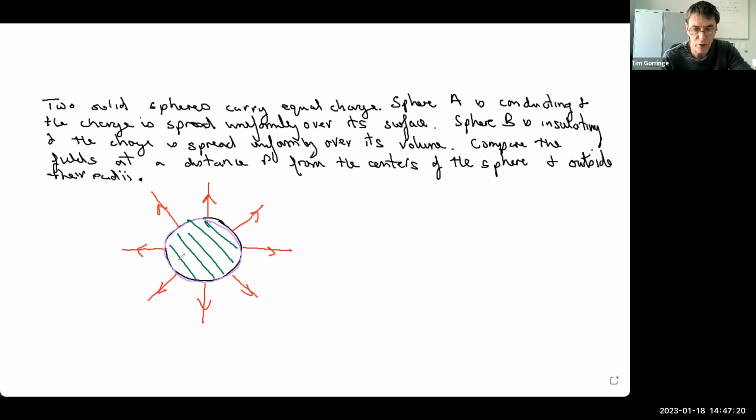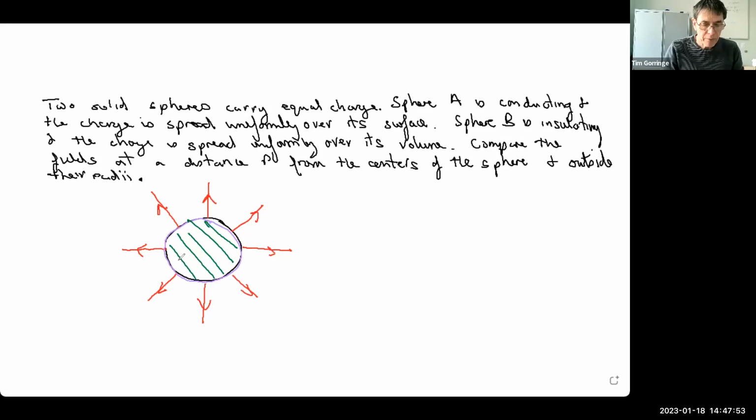But the end result outside the sphere is still a spherically symmetric electrical field because both of the charge distributions are spherically symmetric. We can take advantage of that spherical symmetry to calculate and compare the electrical fields that are created by the solid distribution of charge in green and the surface distribution of charge in magenta.